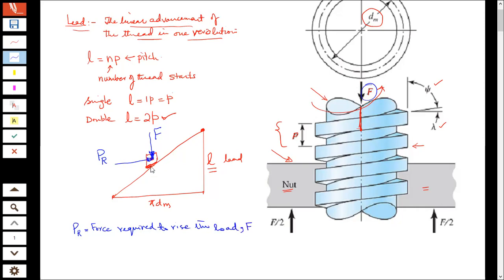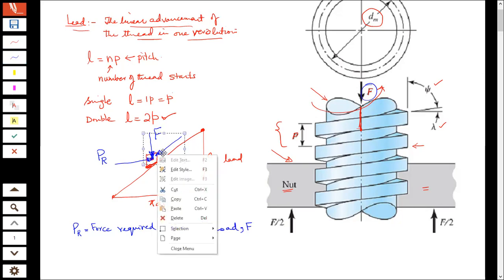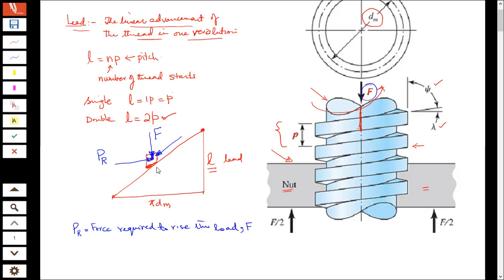Now, if I have this load F, I'm going to face some resistance along this plane, so that force is going to act in this direction.